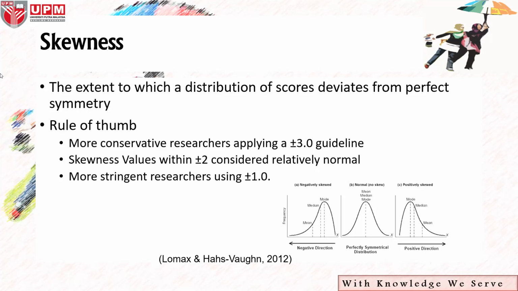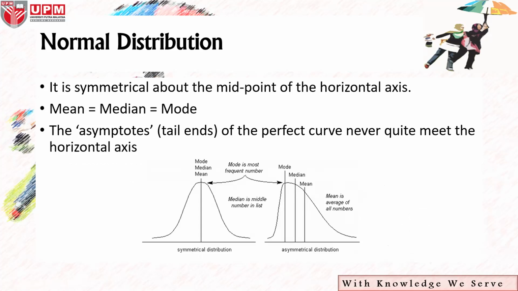We are not manipulating the data, but we are just transforming the data according to the statistical formula. Dia tak sama macam kita manipulate data. But if after we do the transformation, the data are still not normal, we have no choice. We need to proceed with the non-parametric statistic.